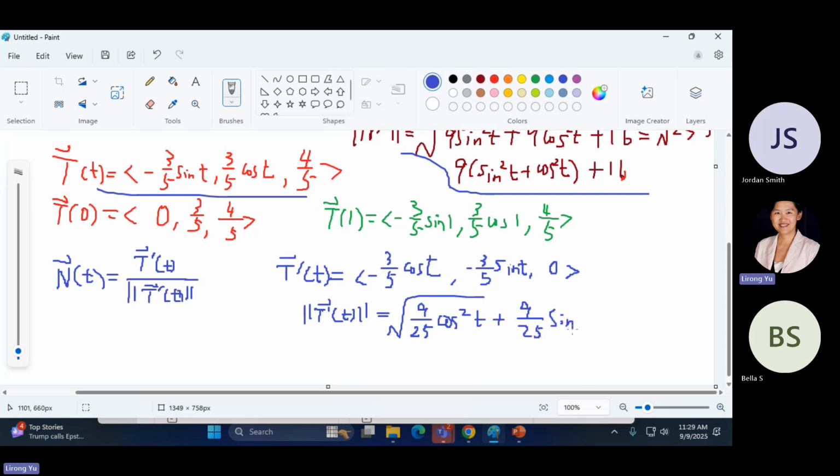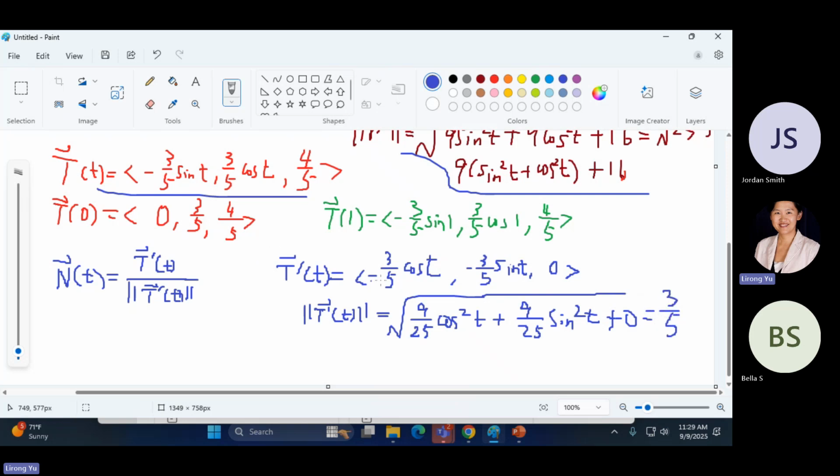The last one squared is actually 0. Factoring out 9/25, cosine squared plus sine squared equals 1. The square root of 9/25 is 3/5, so we have a magnitude of 3/5.